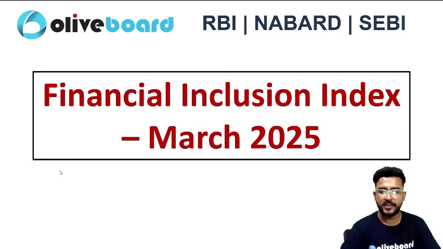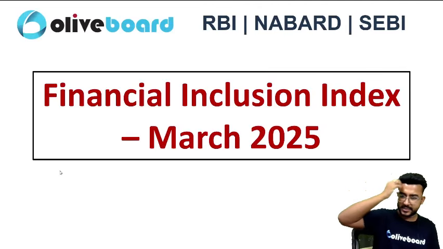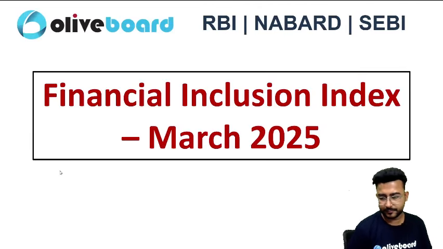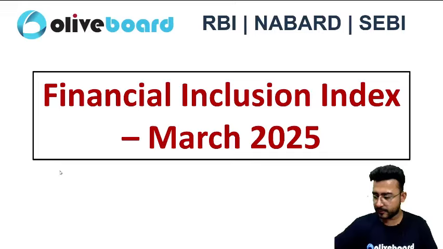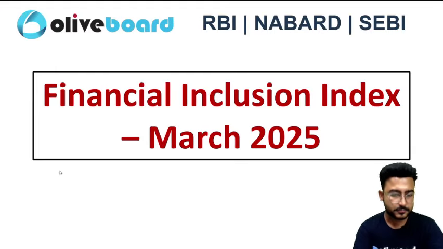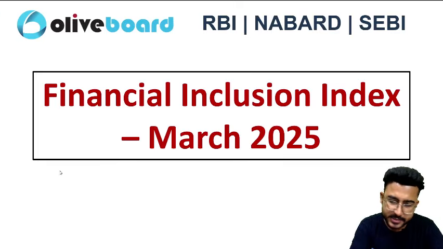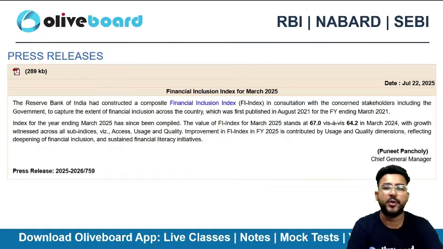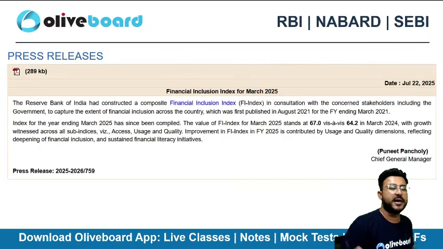What about others? Is 67 the correct number, guys? Yes, 67 is the correct number. So March data is 67.